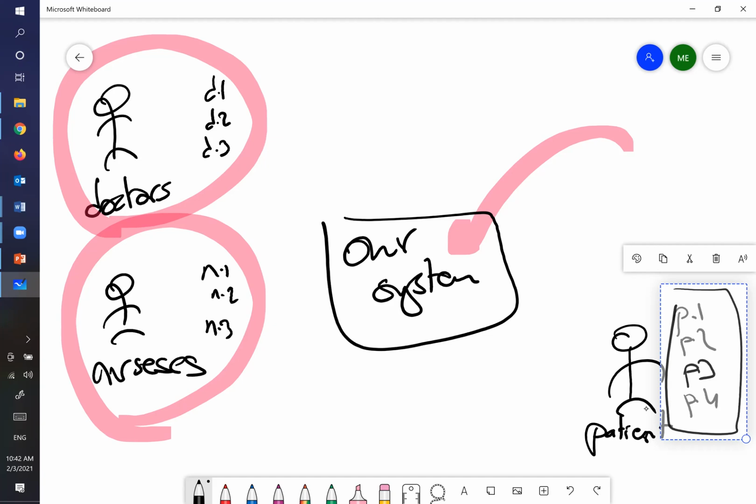Now, one of the things that a patient wants, for example, is to be able to book an appointment. This is a very logical need that pertains to the patient. It doesn't pertain to nurses. They don't want to book appointments, and definitely doctors are not going to be booking appointments, unless they're playing the role of the patient at some point.